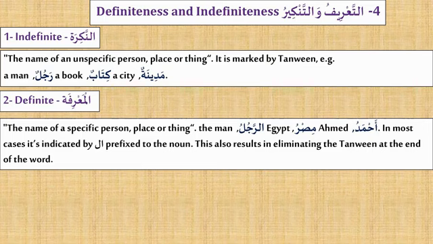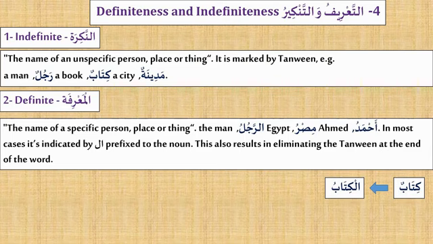This also results in eliminating the tanween at the end of the word. Example, kitabun, a book. Al-kitabu, the book. As we see, tanween is no more written on the last letter. When we add alif lam, tanween becomes single dhamma.